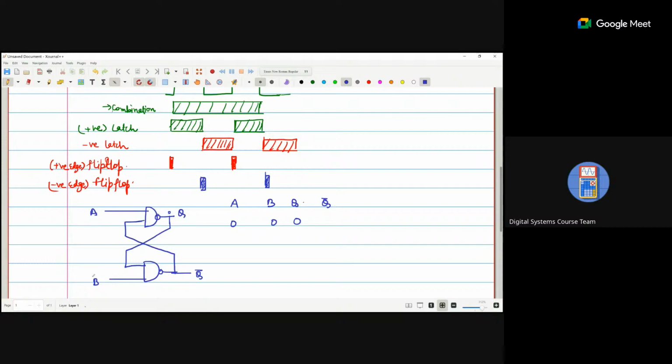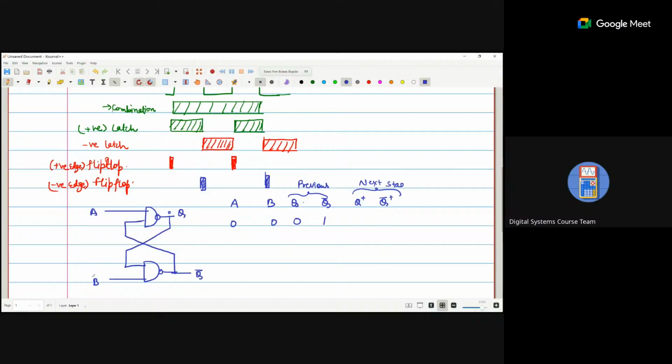Sorry, this is Q and Q bar, the previous condition. And Q plus and Q bar plus is the next condition.